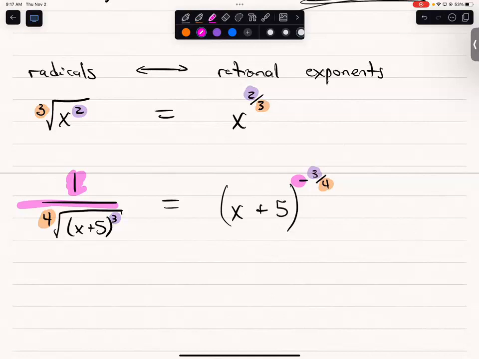There are a couple of practice tests and the review where it's, here's a thing with a radical, write it as a rational exponent instead, or vice versa. Just being able to go back and forth between those two things. That's all I'm looking for you to do there, just rewrite the other way. There's nothing to solve or work out. It's just rewriting it using the other notation.